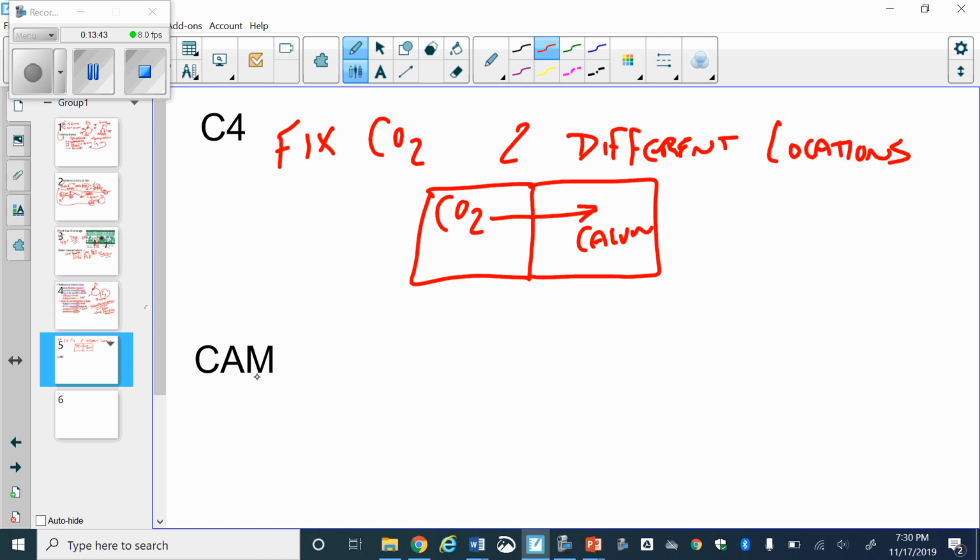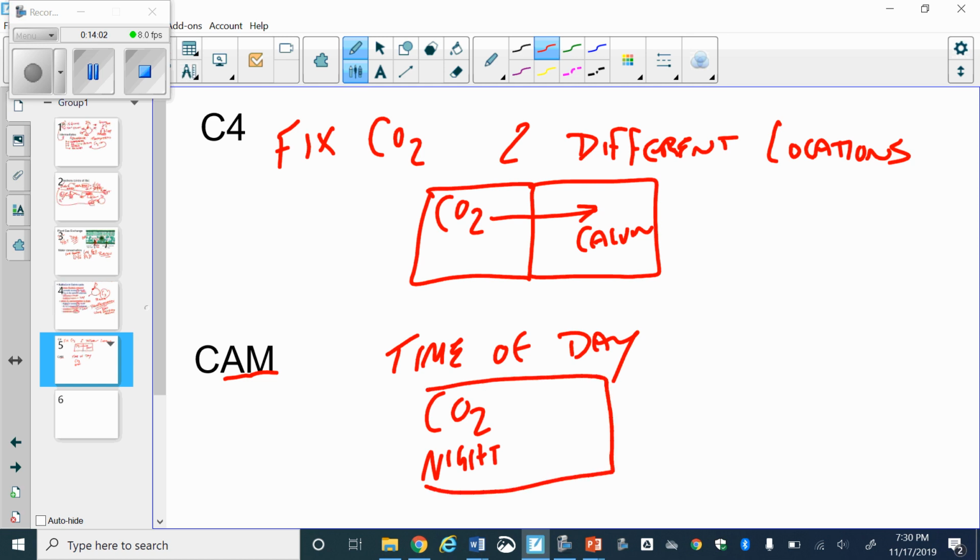And then CAM plants, this is the easier way to remember it. CAM, C-A-M, the A-M, P-M, that's what they're going to do. So they're going to separate based on time of day. They're going to be doing a lot of their CO2 incorporation in the nighttime when the stomates can be open, but it's cooler, and then they're going to transfer, and when it becomes daytime, they're going to be able to release that CO2 at the daytime.